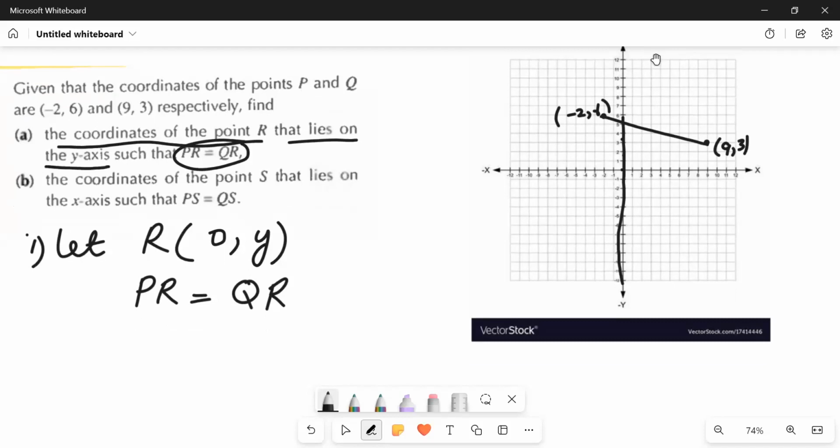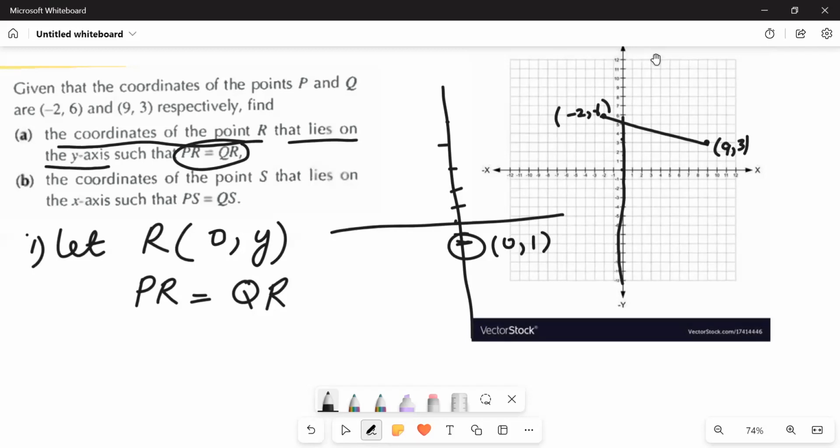If we take any point on the y-axis, for example a point here, what is the x coordinate at this point? How to write the pair of this point? It is (0, 1).